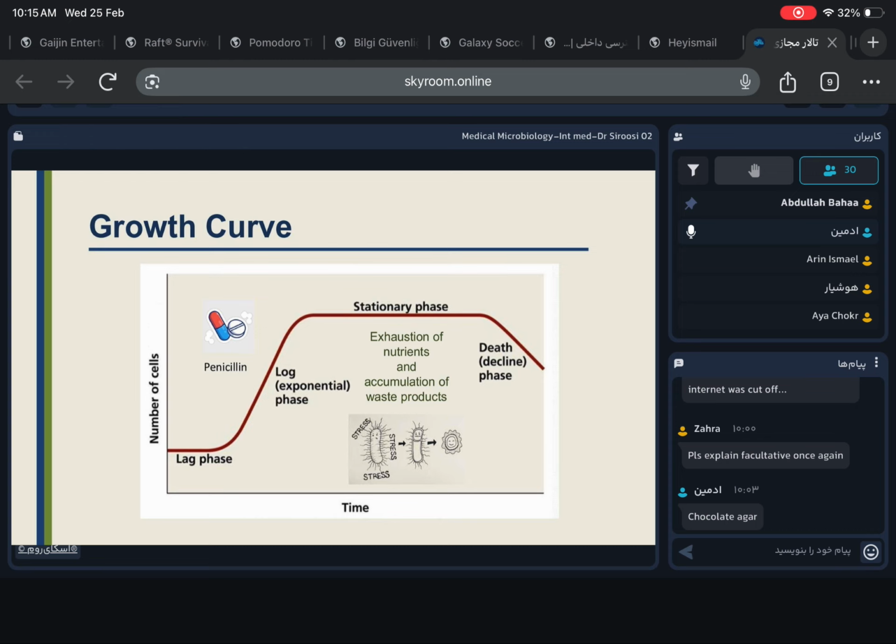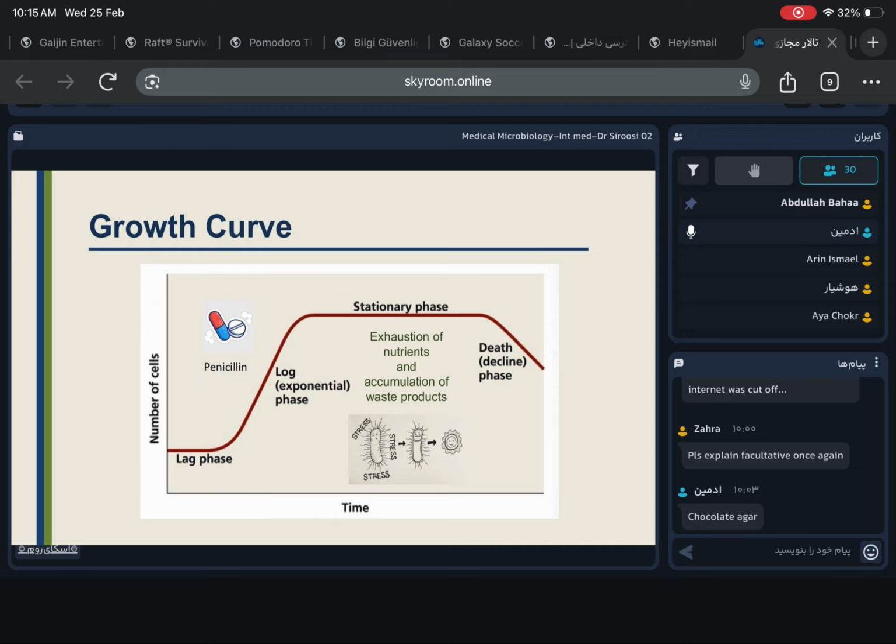So let's get back to the log or exponential phase. During this phase, bacteria are very susceptible to specific types of antibiotics, including penicillin. We talked about penicillin. Penicillin is a type of antibiotic which, as I told you, interferes with cell wall synthesis.